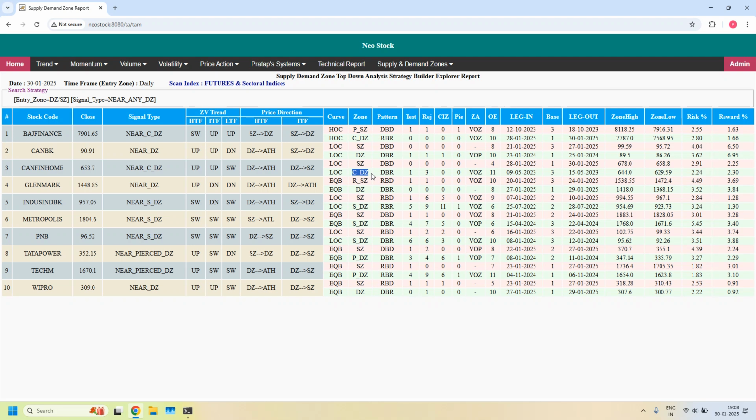Canara Bank, Home Services, we have high liquidity zone. IndusInd Bank is not valid, it is a pierced zone. Metropolis is having a high liquidity zone. Punjab National Bank is having a high liquidity zone. So total we identified 4 high liquidity daily demand zones from this list.